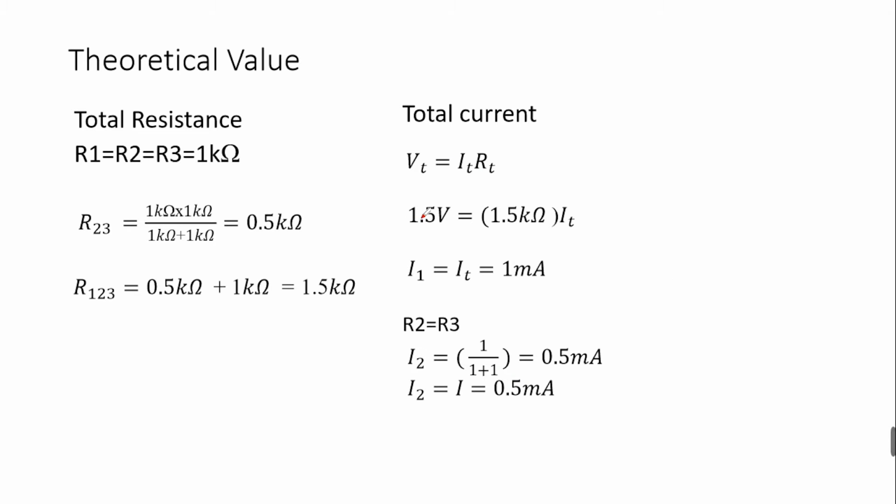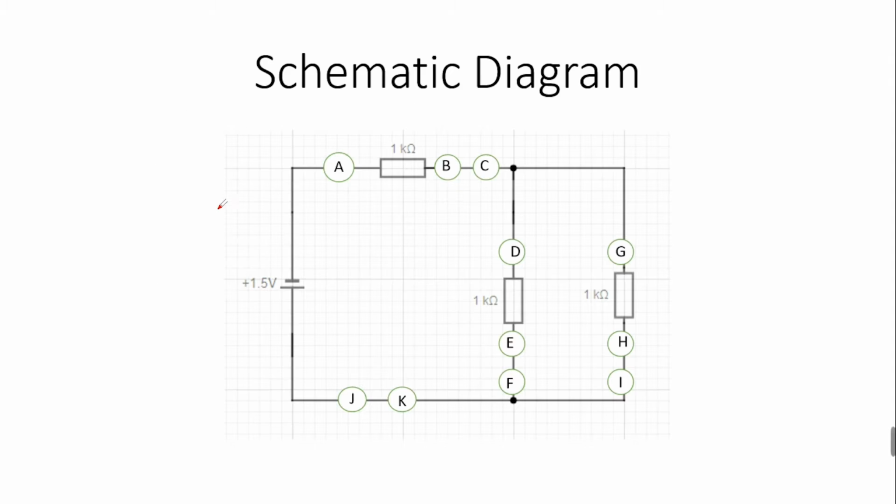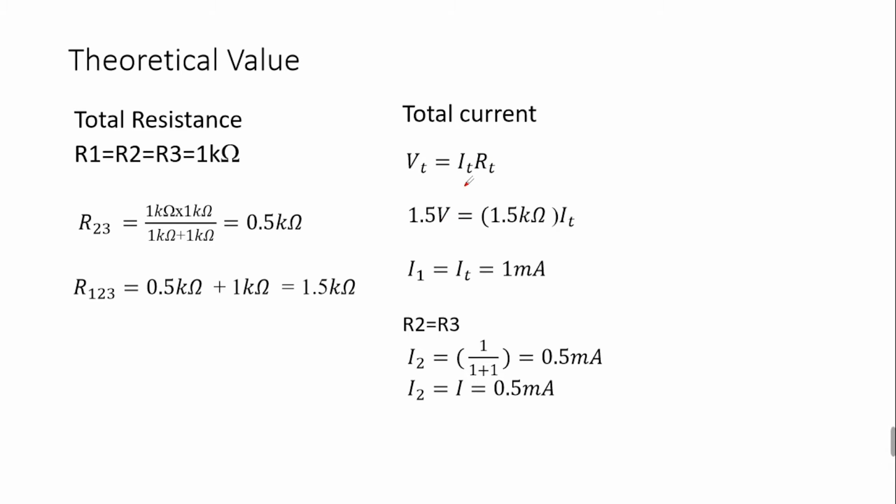Next, we calculate the total current using Ohm's law formula, V equals IR. Total V, we have 1.5 volt, and total R we found before is 1.5 kilo ohm.